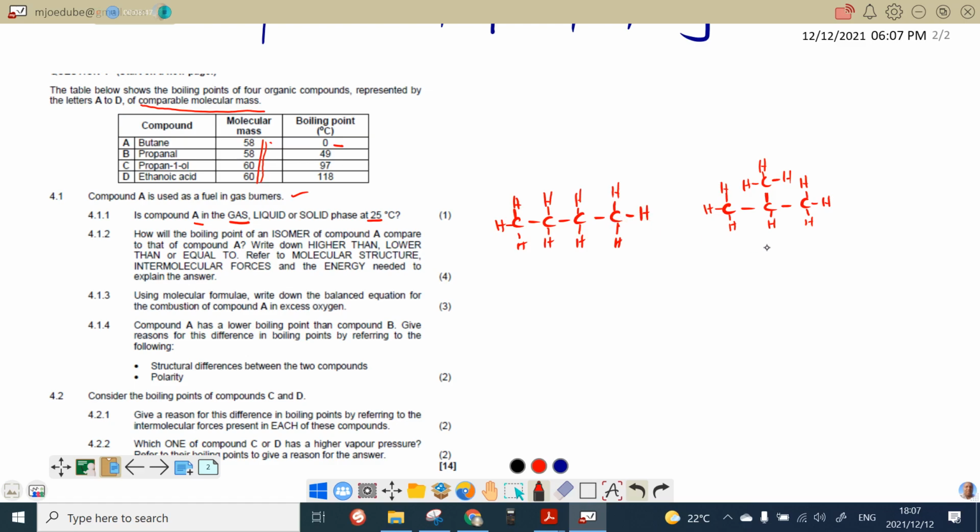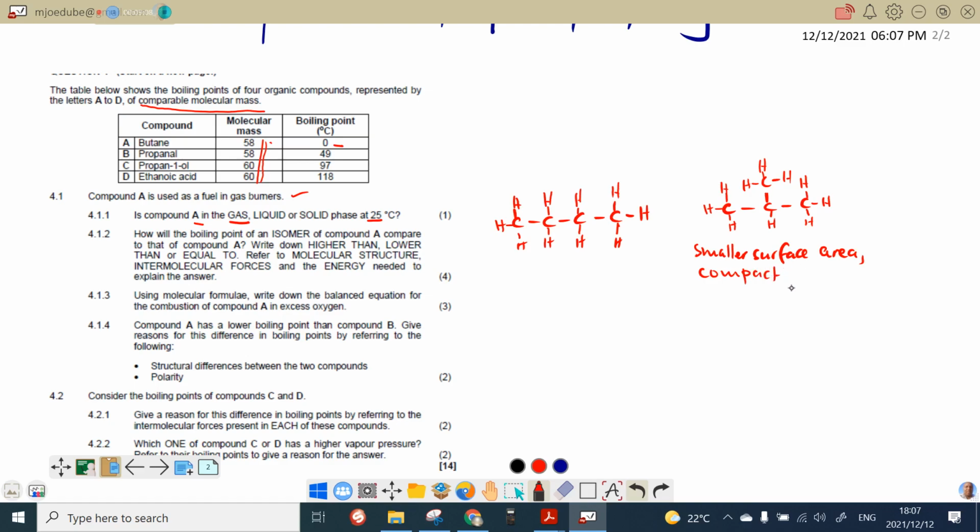It occupies a smaller surface area, so the forces are acting over a small surface area, so it is more compact.